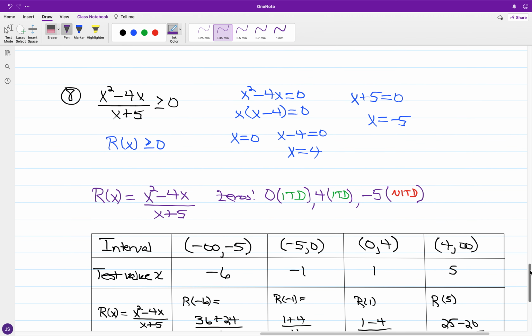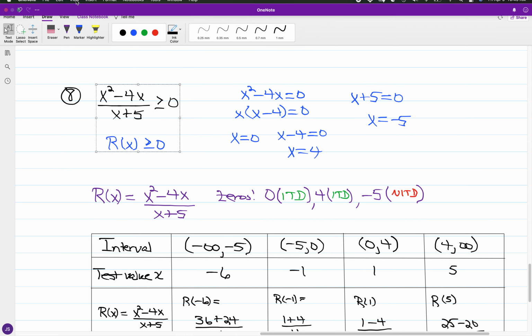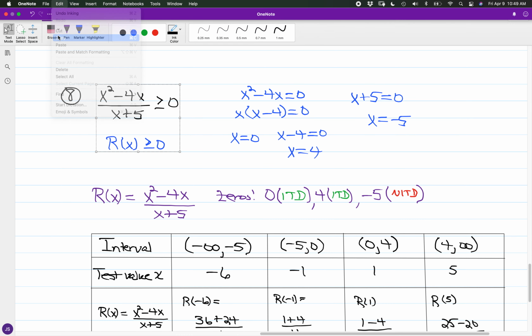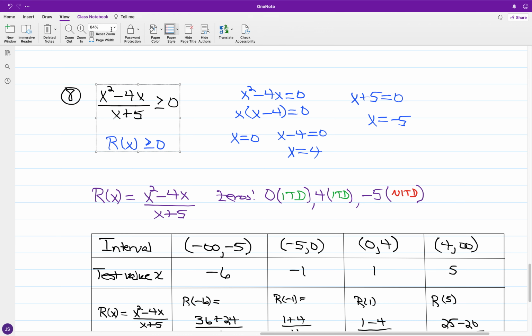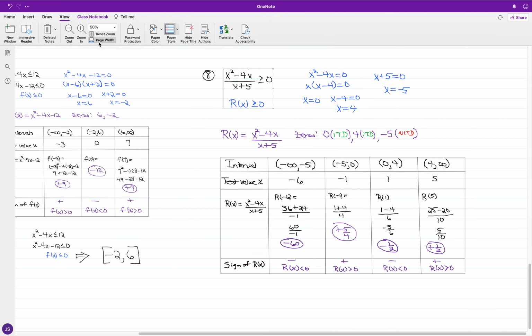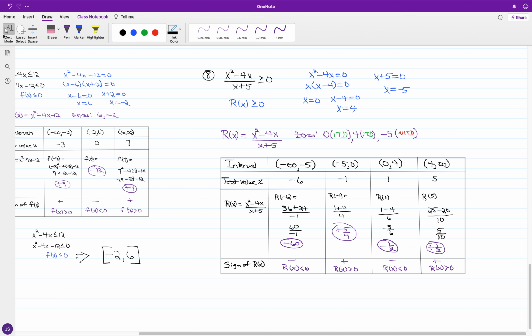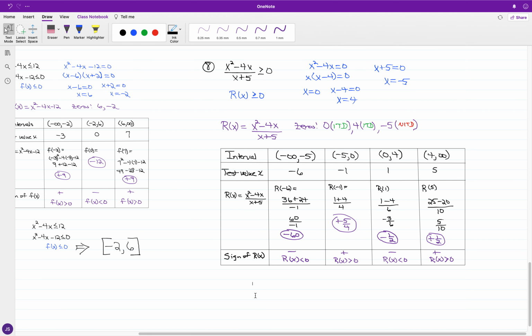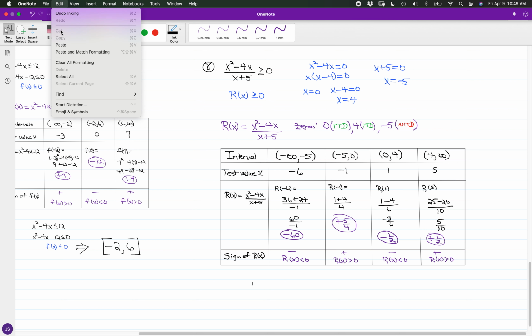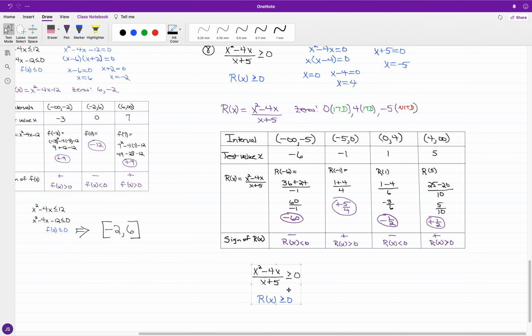And just taking what we have with the inequality, we start out with, again, x squared minus 4x over x plus 5 is greater than or equal to 0. Again, the format is where we have r of x greater than or equal to 0.